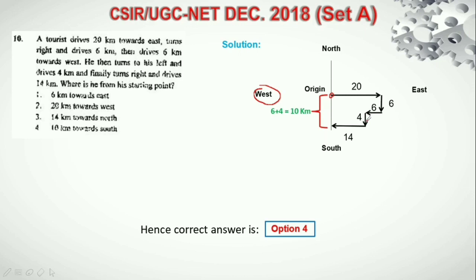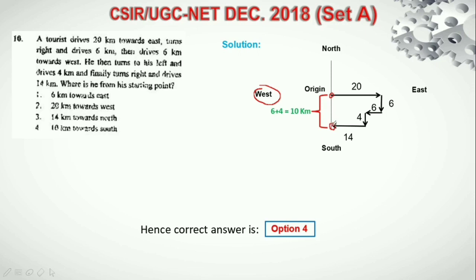So this means he will drive in this direction and reach at this point, and finally he turns right and drives 14 kilometers. So this will be the direction in which he will drive, and finally he will arrive at this point. So basically we have to tell what is the distance between the origin and this final destination point.